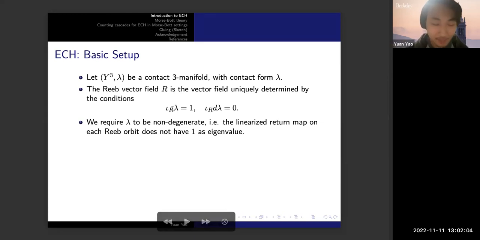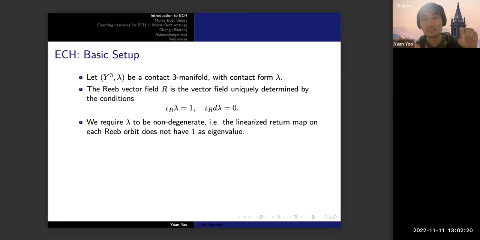To define ECH, you require lambda to be nondegenerate. This is a technical condition that for each periodic orbit of the Reeb vector field, the linearized return map does not have 1 as an eigenvalue. For us, this will imply that all the periodic Reeb orbits are isolated and far away from each other.